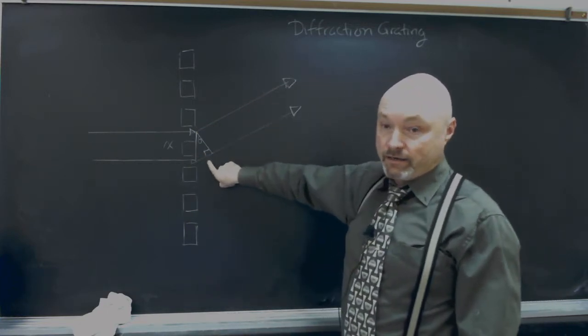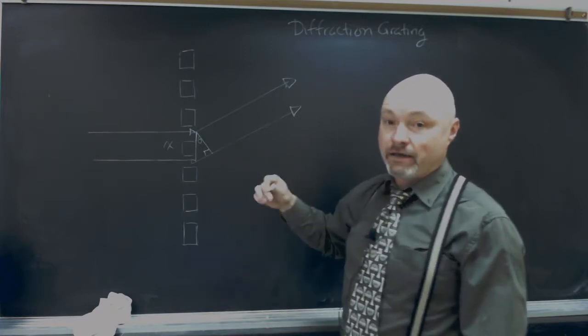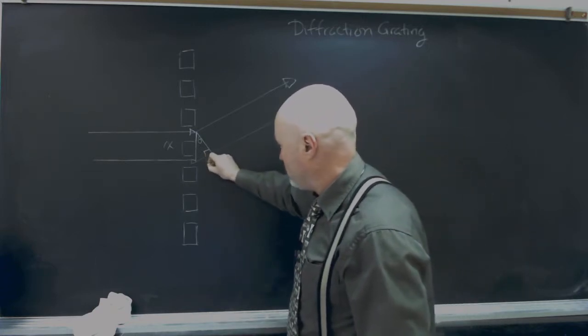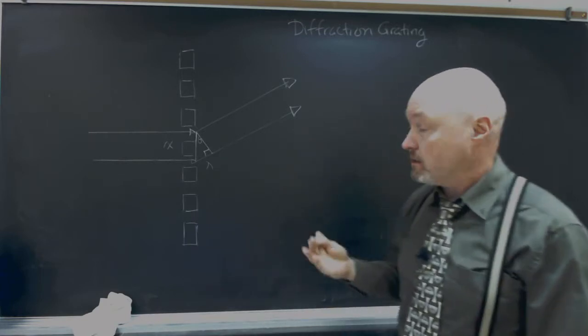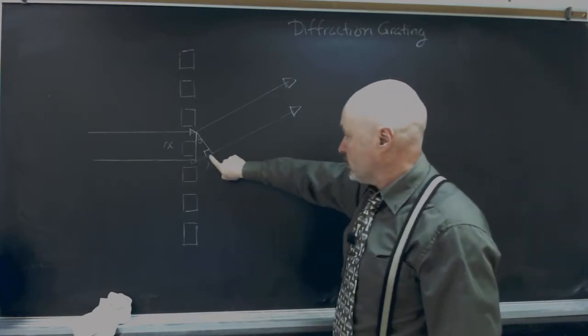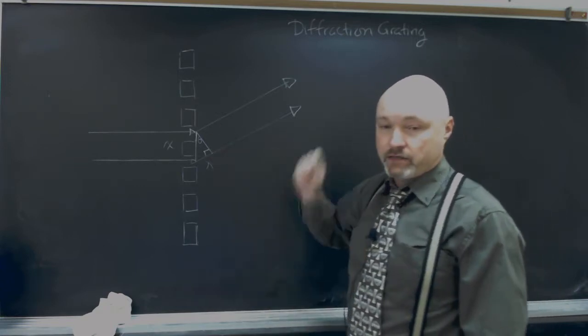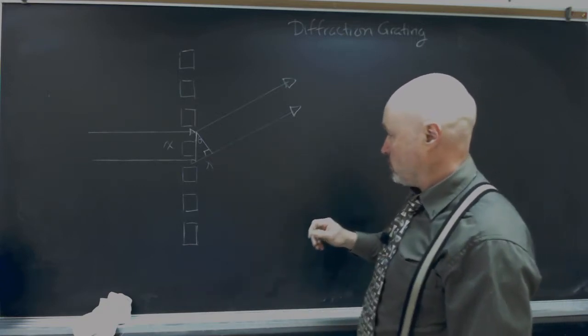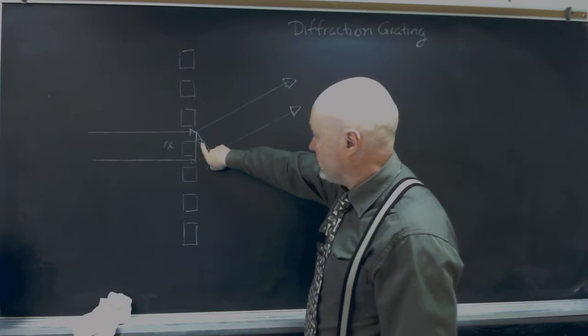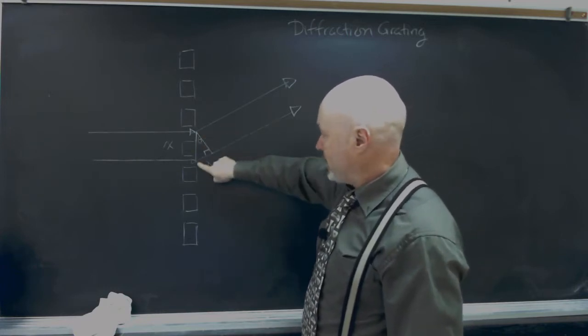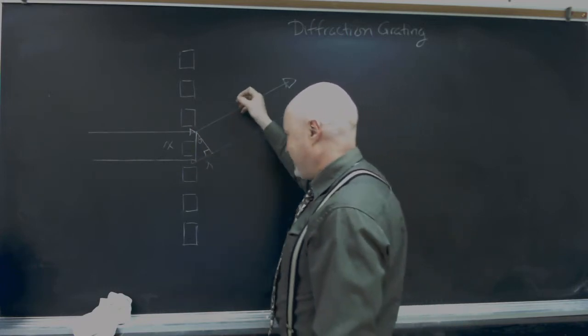And we're going to get constructive interference when the path difference is one wavelength. So depending on what color of light it is, when this little extra path difference is 1 lambda, we're going to get constructive interference.